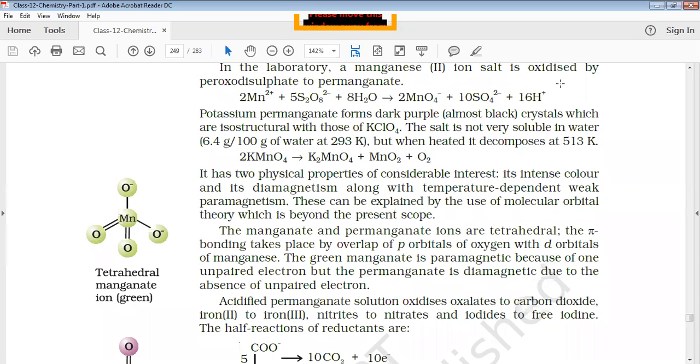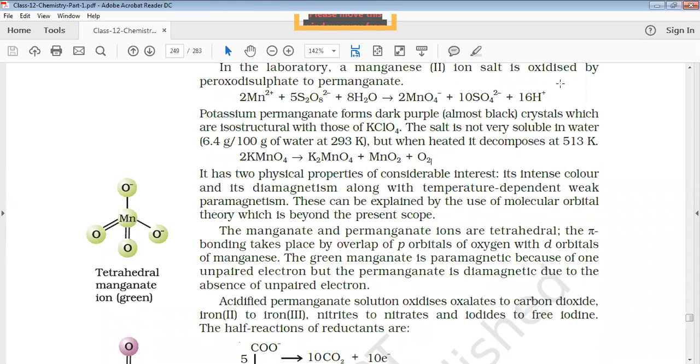And with the concentration they can convert this color of dark purple into red and pink color. They can change with their concentration. And the iso structure with KCl4. So your permanganate structure has the iso structure.